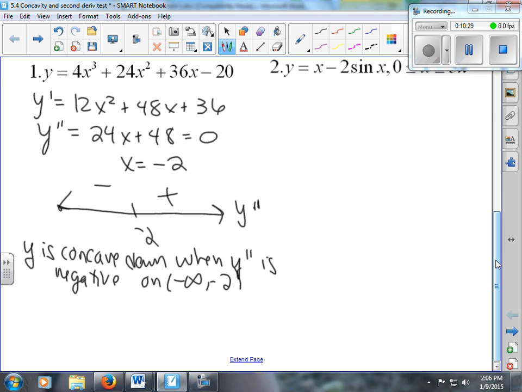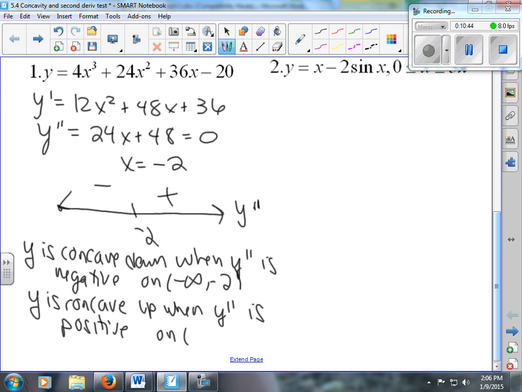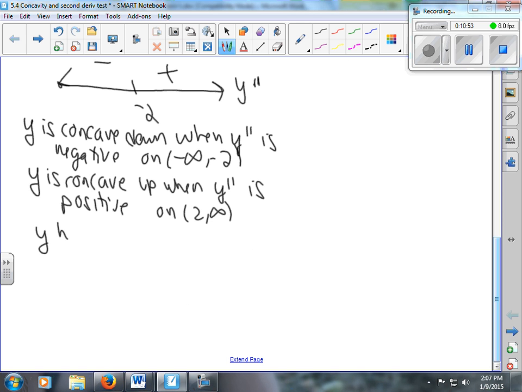Also, y is concave up when the second derivative y double prime is positive, and that would be on the interval -2 to infinity, as read on my sign chart. Finally, y has a point of inflection where the concavity changes, and that would be at x equals -2.